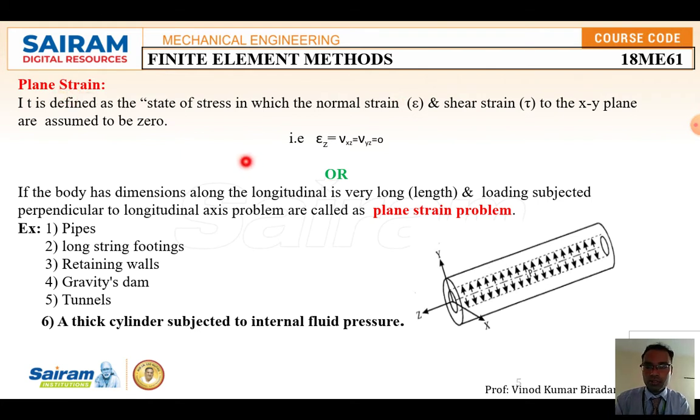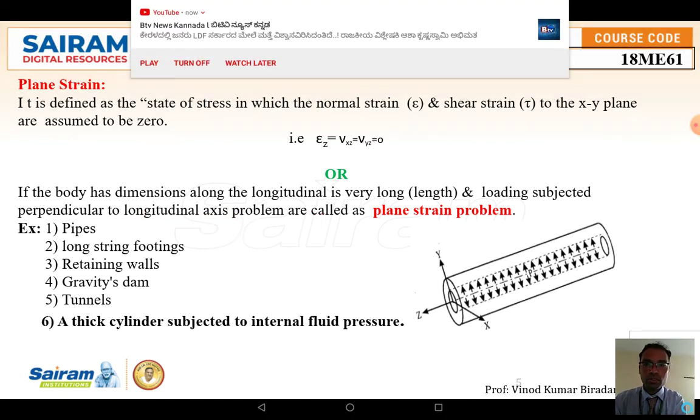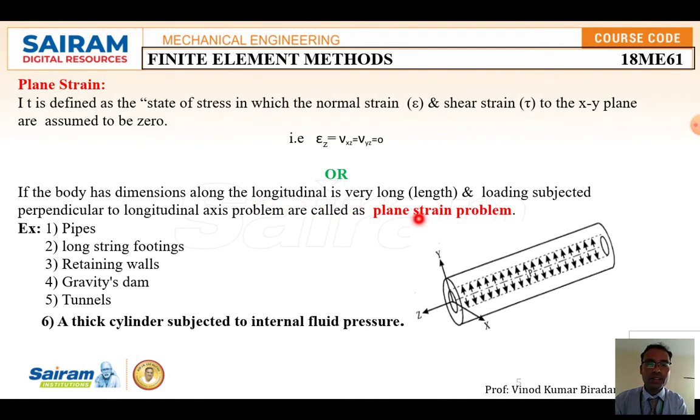If this condition is satisfied, we call it a plane strain problem. Another way to define it: if the body has a very long dimension along the longitudinal axis, that is the length, and the loading is subjected perpendicular to the longitudinal axis, such a problem is called a plane strain problem.